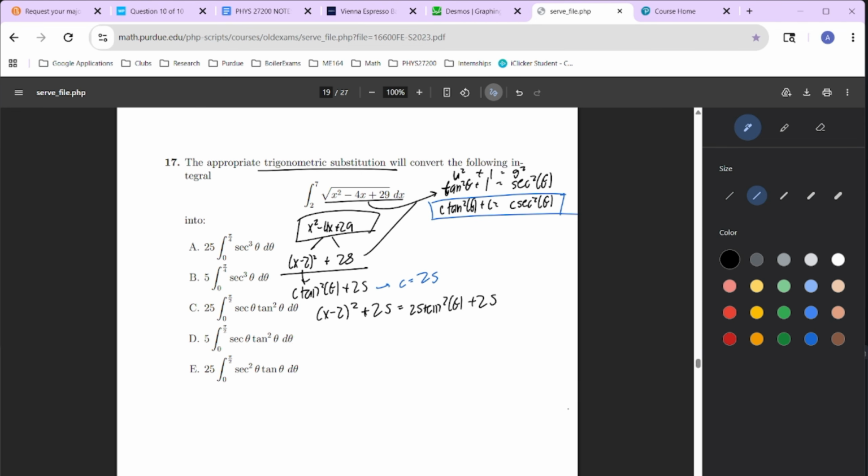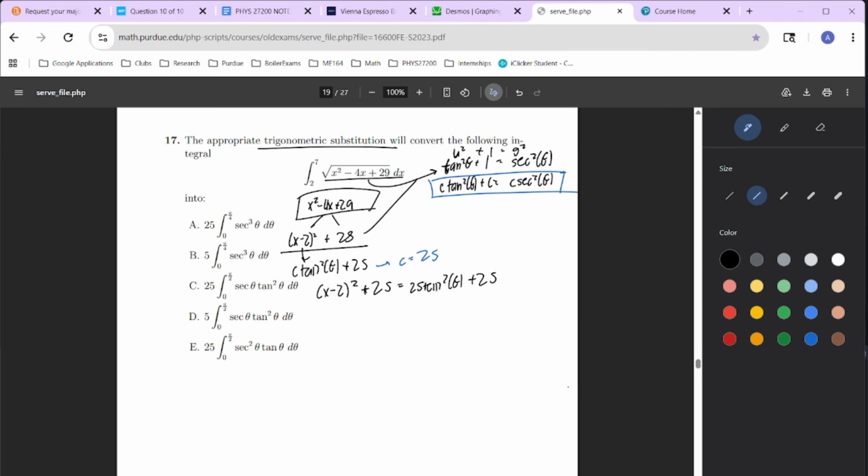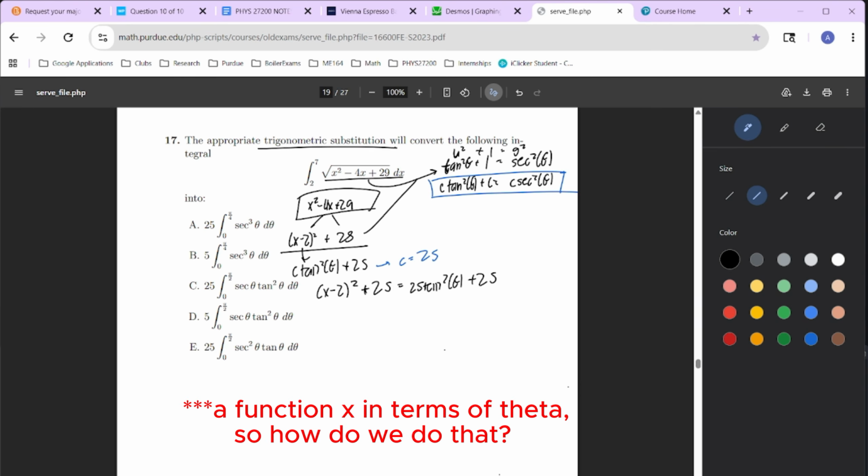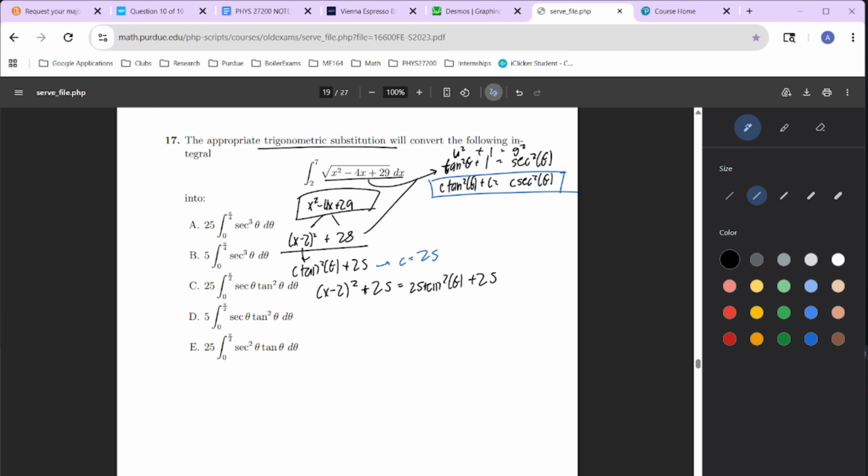What we need to consider before that, though, is we're making the change of basis from x to theta, right? So we need to find how x might be in terms of theta. Now that's pretty simple. We can cancel out the constants here. We're left with x minus 2 squared is equal to 25 tangent squared of theta.